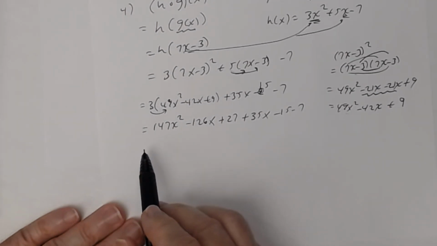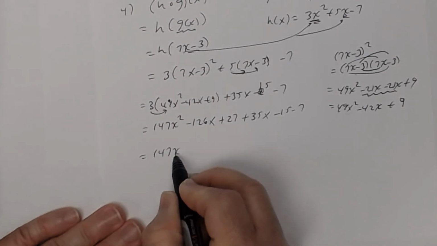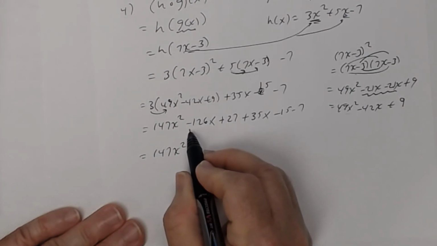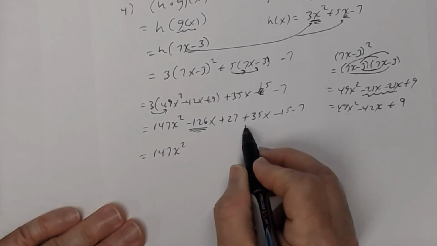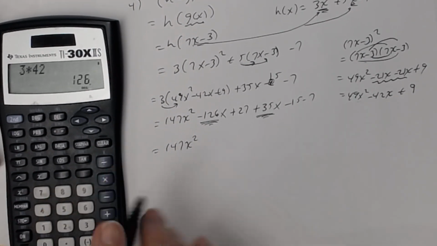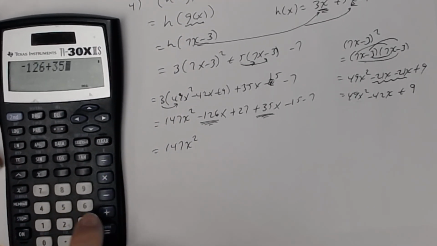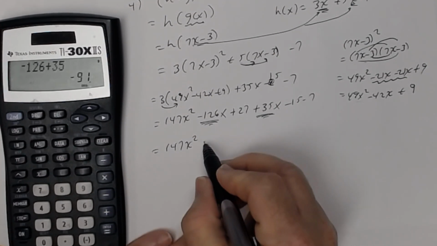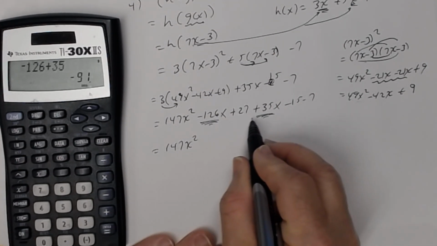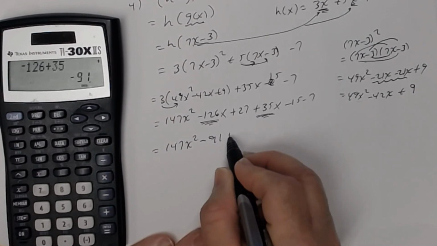All right, let's combine like terms. So I have 147x squared. Now negative 126x, and I can combine that with a positive 35x. So use your calculator if you have to. Negative 126 plus 35 equals a negative 91. So negative 126x and a positive 35x is a negative 91x.